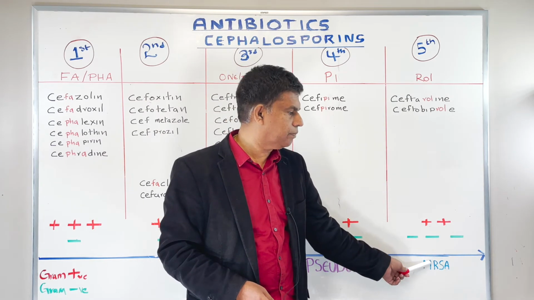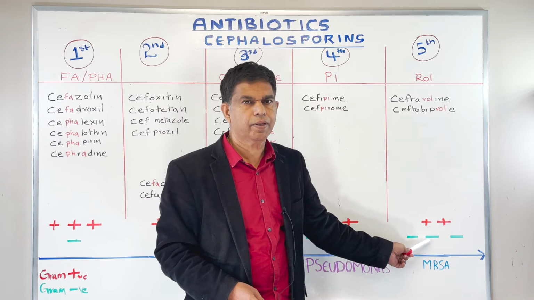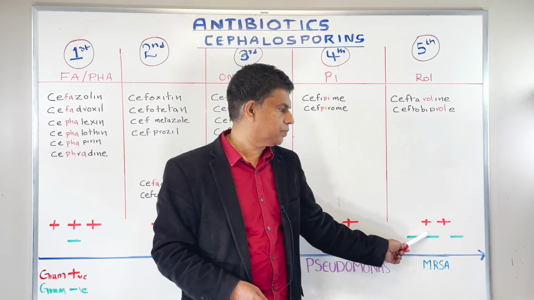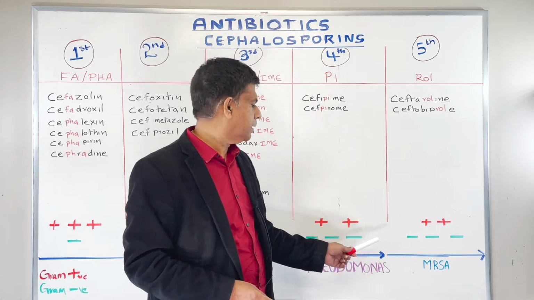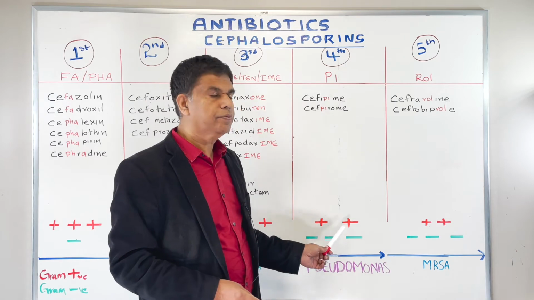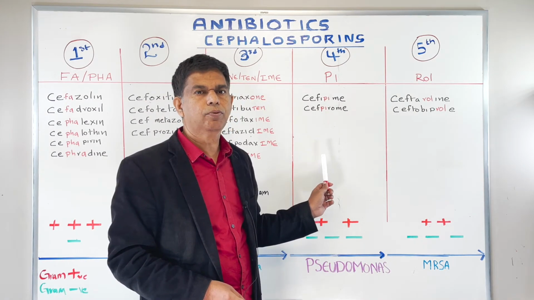Remember that MRSA coverage. It's a good drug with gram-positive and gram-negative coverage. Those are the fifth generation cephalosporins. And remember the fourth generation, cefepime: you can use it for MRSA also, but the main thing we use it for is Pseudomonas infection.